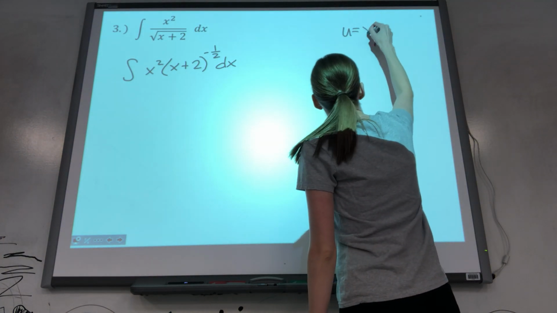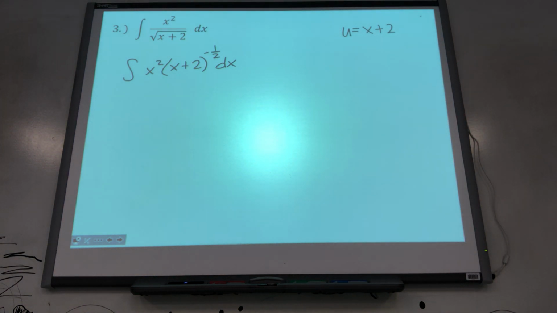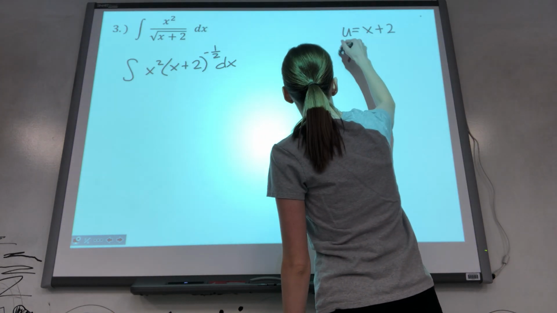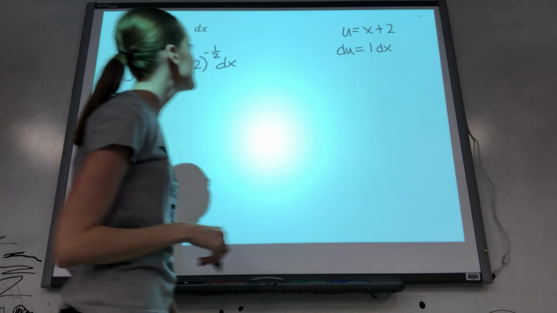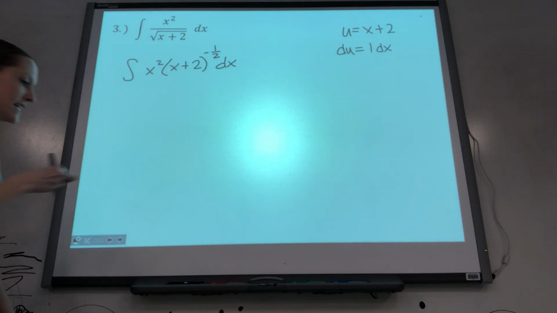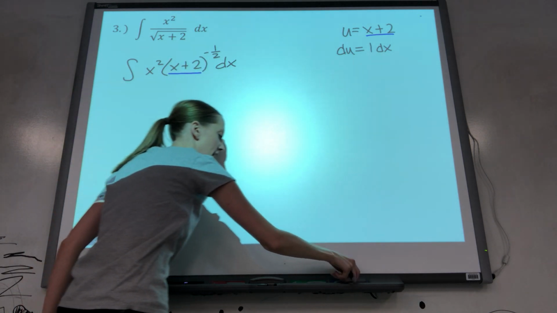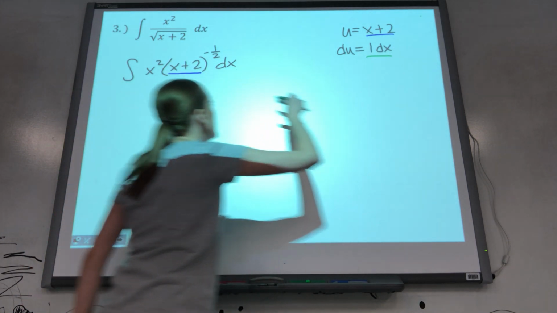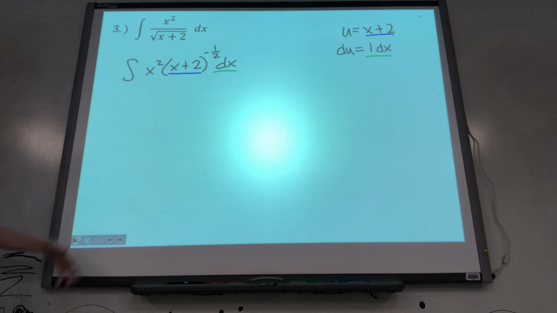And here we go. U is typically what is in parentheses or under a radical, so either one. And then du in this case is just 1 dx. I see the u, and all I need for du is 1 dx.